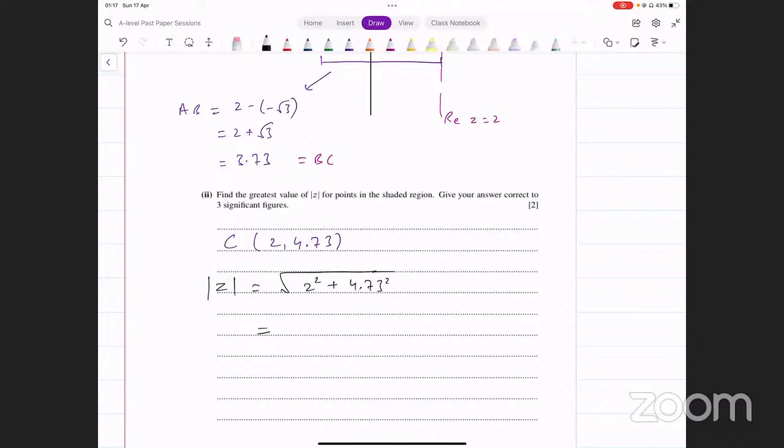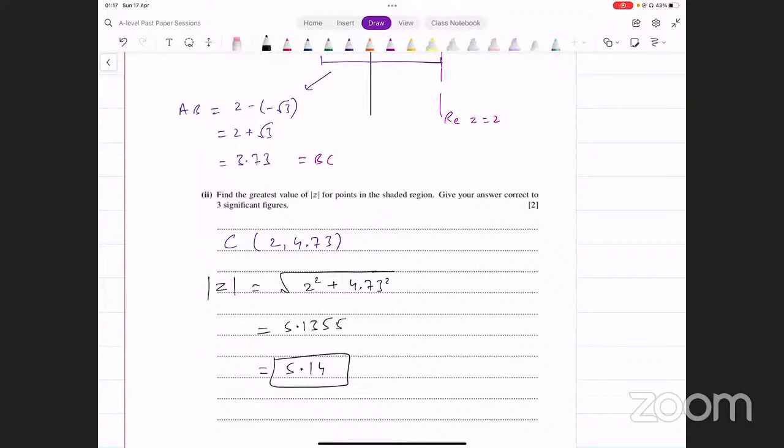For me, that turns out to be 5.135. आपको आंसर 3 significant figures तक देना. ये आ रहा है 5.1355. So this rounds off to 5.14. And that's the greatest value of the modulus of Z. That's what we were looking for.